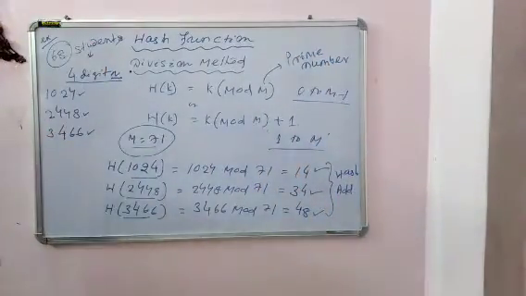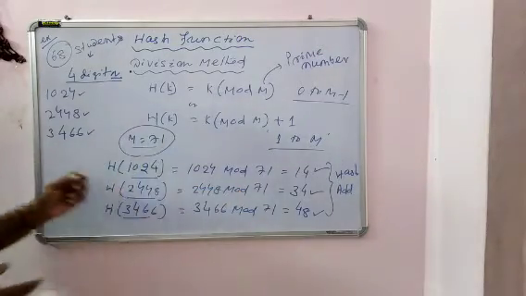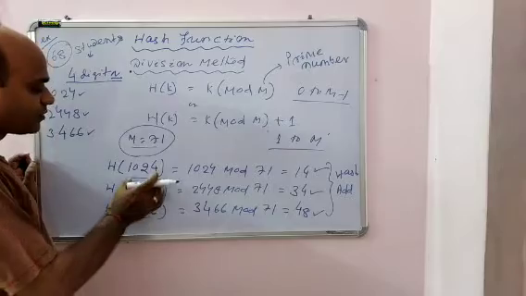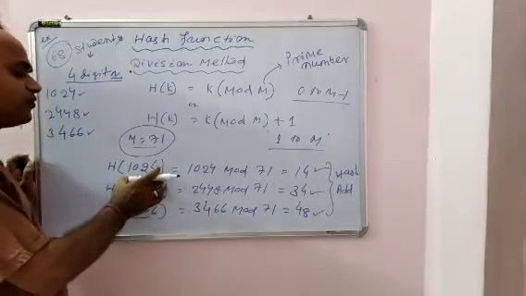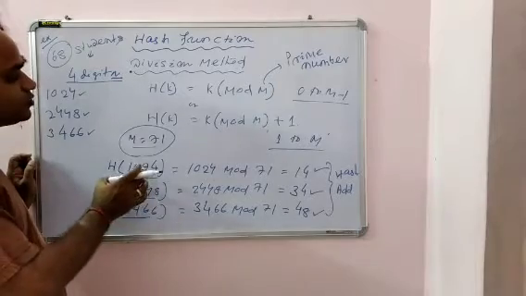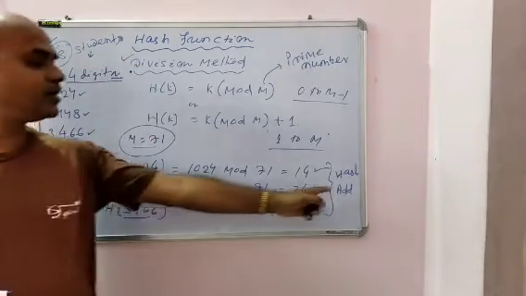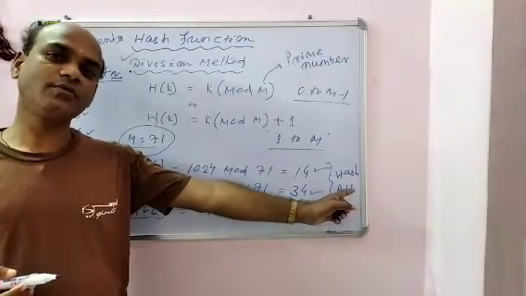By considering the 4-digit roll numbers 1024, 2448, and 3466, we use the division method hash function to find the hash address, the address of the memory.